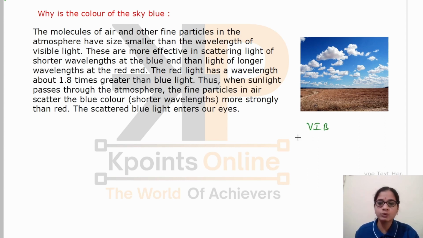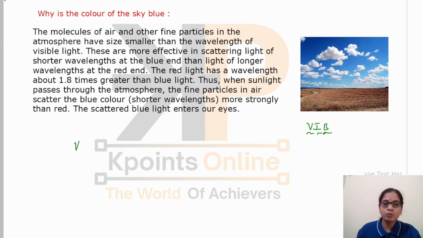Violet, indigo, blue. These particles scatter light of shorter wavelengths, because of which blue color will reach our eyes. And here the question arises, why not violet and indigo? Because our eyes are not sensitive to these colors, so only blue color will reach our eyes.